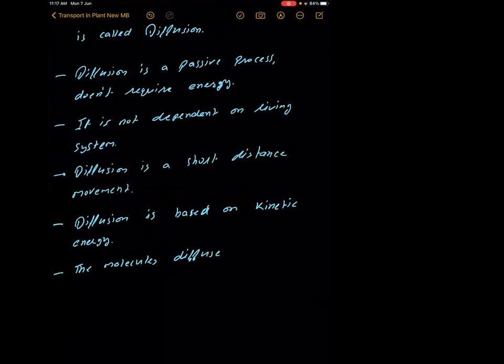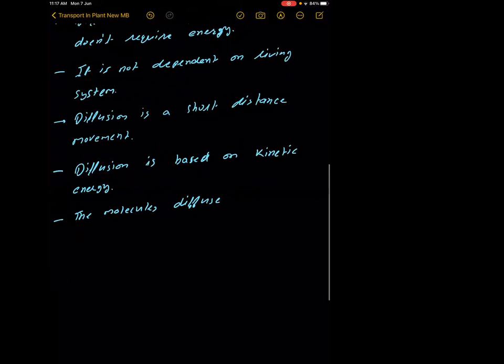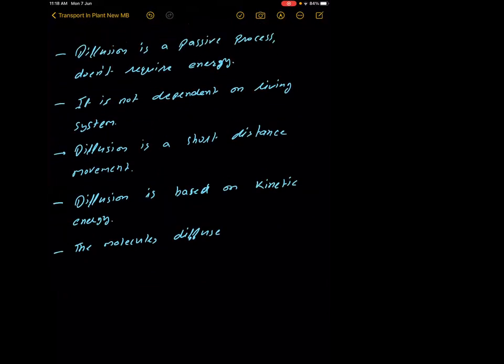There are some factors for this, especially temperature. Temperature increases, kinetic energy increases. Distance decreases. And pressure, yes, if pressure increases, the rate of diffusion increases. I will add this point to the factors.